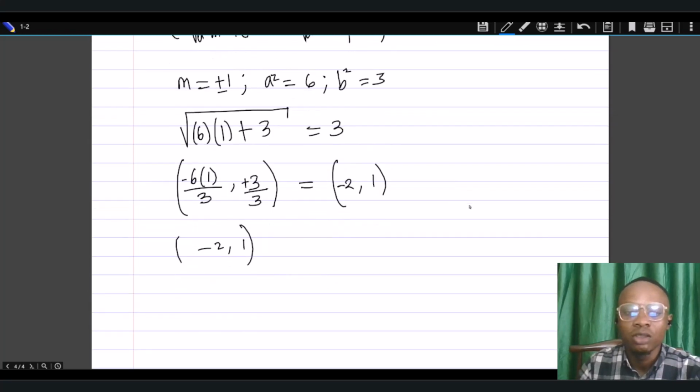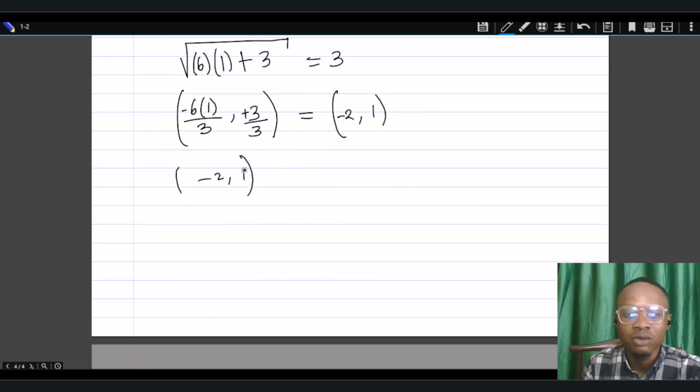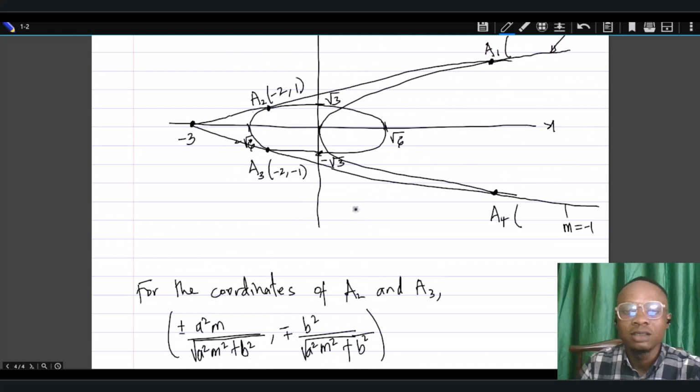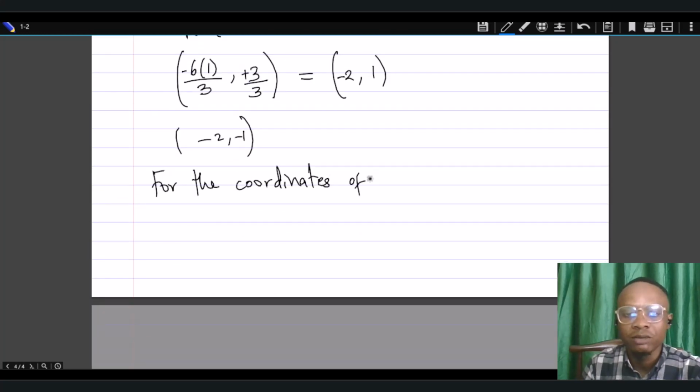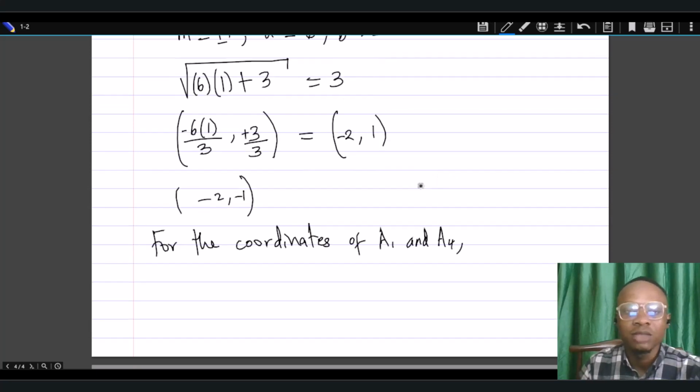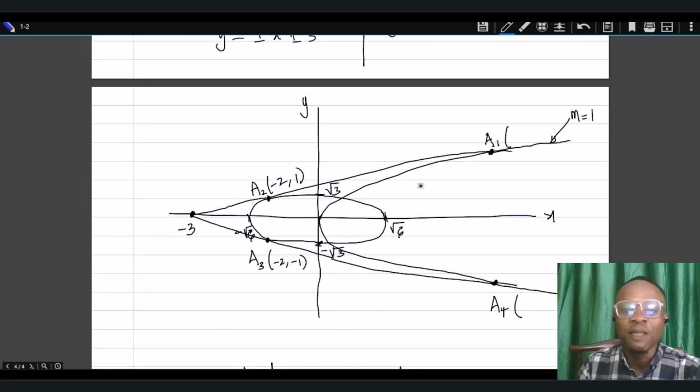For the coordinates, so this was minus 2 and minus 1 that we eventually used. Then for the coordinates of A1 and A4, what do we have that to be?